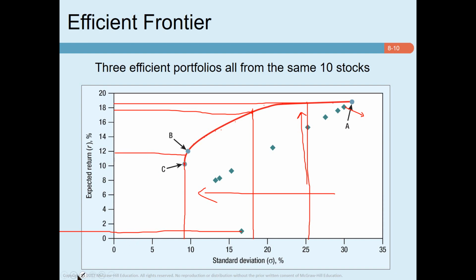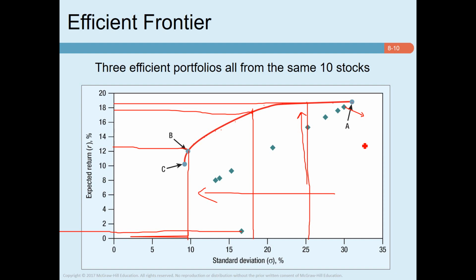That's why our efficient frontier does not start from here, rather our efficient frontier starts from here. Why? Because that's the maximum return at this level of risk, and then the efficient frontier goes along this line. Okay, and this is the point where you get the highest return for the highest level of risk.